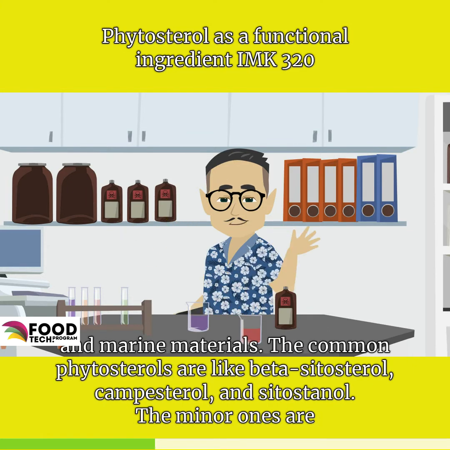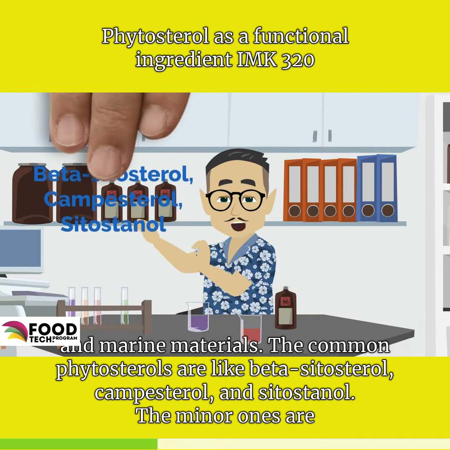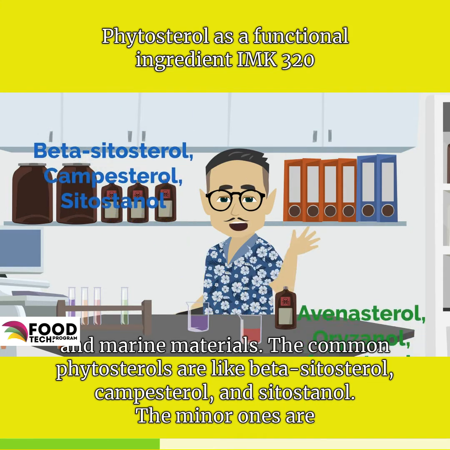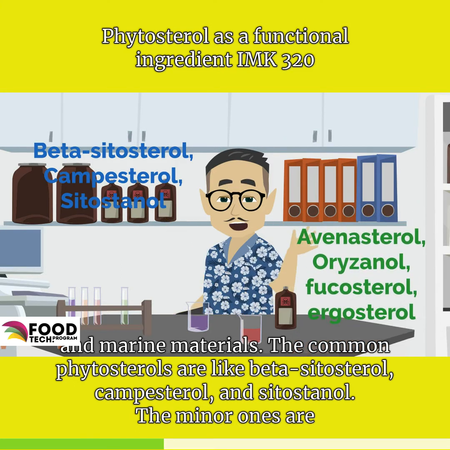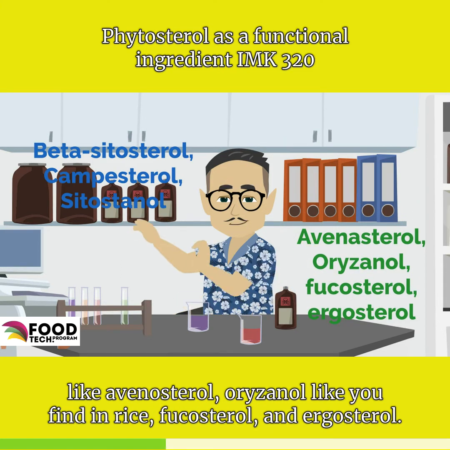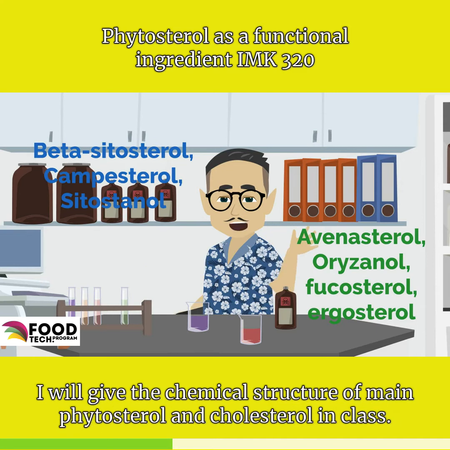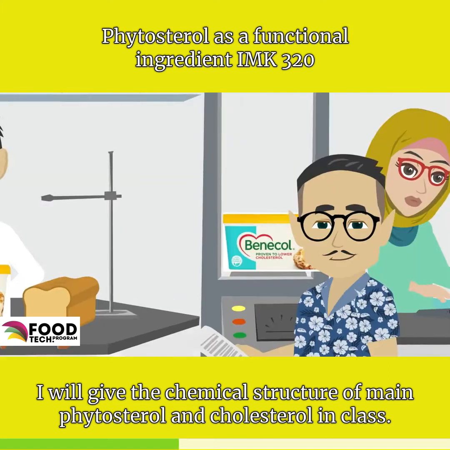The common phytosterols are beta-sitosterol, campesterol, and sitostanol. The minor ones are like avenasterol or oryzanol, which you find in rice, brassicasterol, and ergosterol. I will give the chemical structures of the main phytosterols and cholesterol in class.